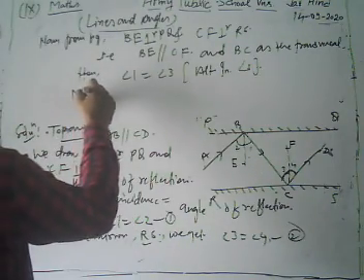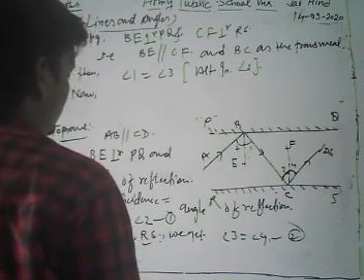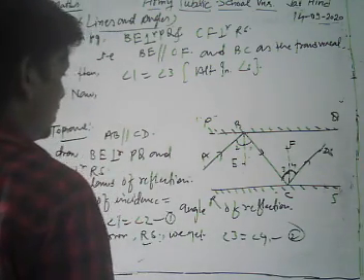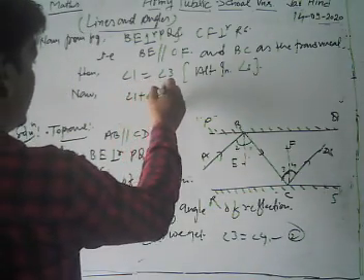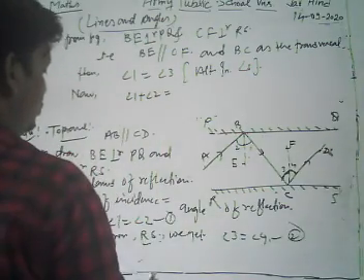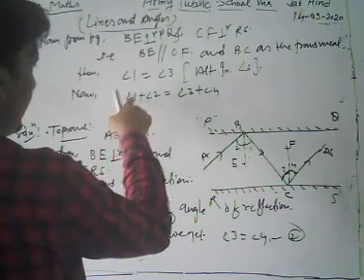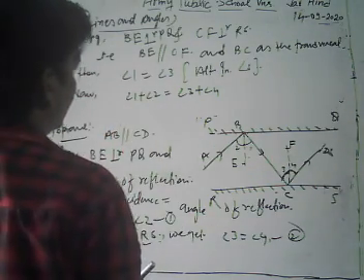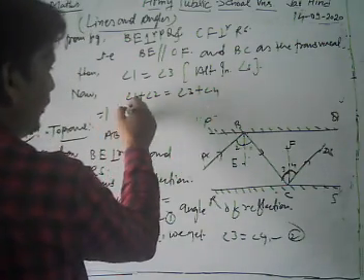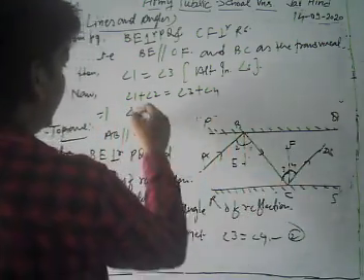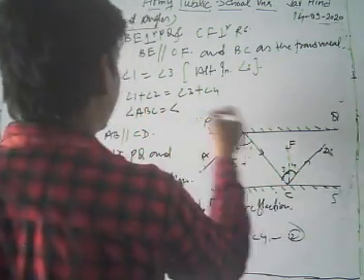Now if angle 1 is equal to angle 3, thus we have angle 1 plus angle 2 is equal to angle 3 plus angle 4. So in this way we have angle ABC equal to angle BCD.